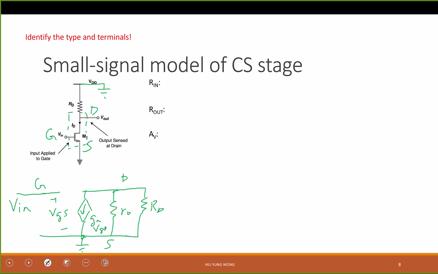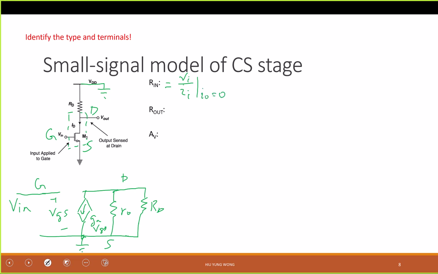So now I will start by looking at R in. What is the input impedance by definition? We apply a voltage, V in divided by I in. That is the input impedance. But last time I told you there is an important condition that you need to make sure I out equals 0, meaning there's no loading, it's open circuit. By default, this output has no extra loading; otherwise, you need to disconnect it.